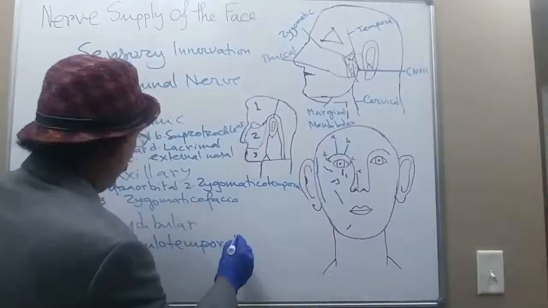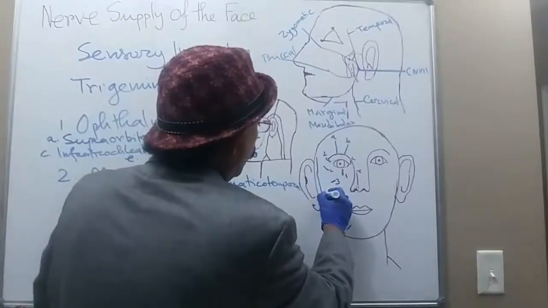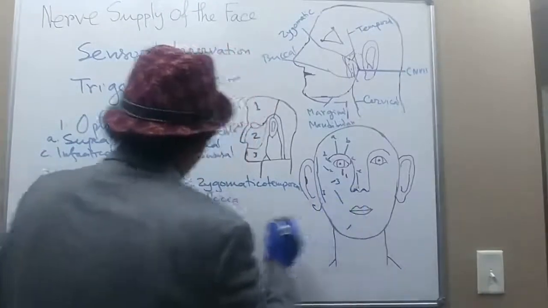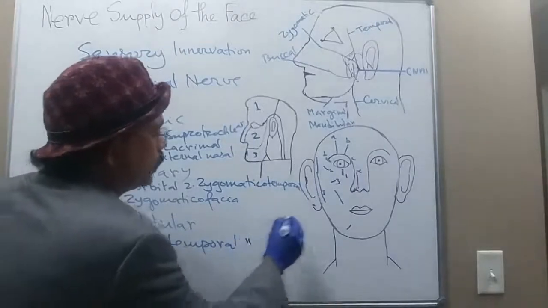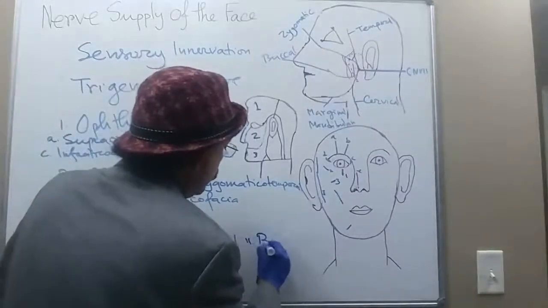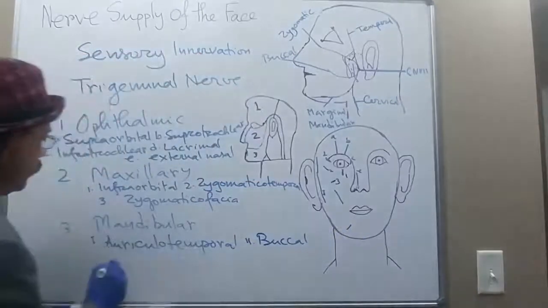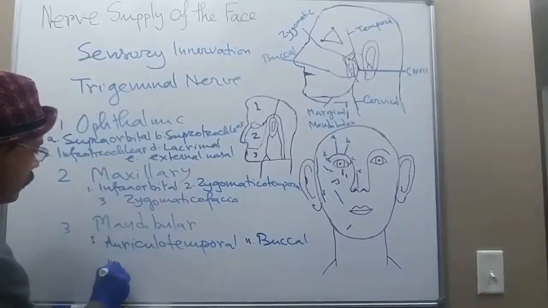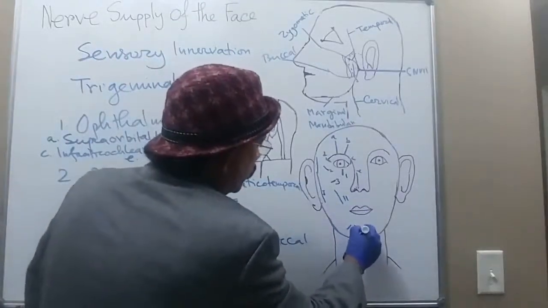Okay, auriculotemporal branch, you can add Roman 1. Okay, Roman 2 should be the buccal branch, and with the mental branch. Number 3 is the mental.